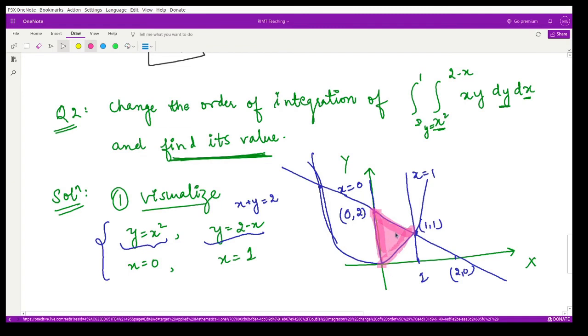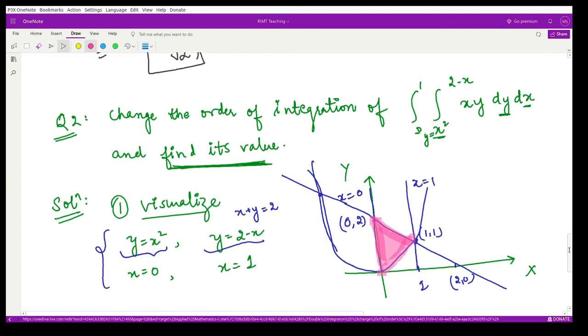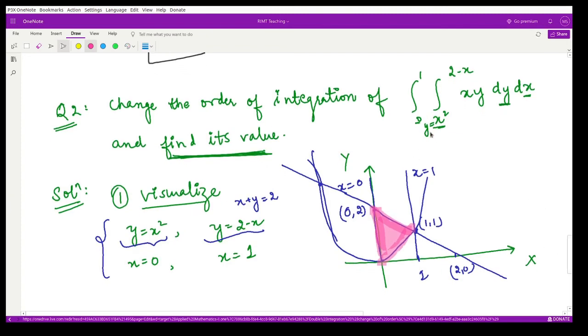Now you see what limits are given to you. The variable limits are given to be that of y. So previously you were given that you have to take the vertical line.